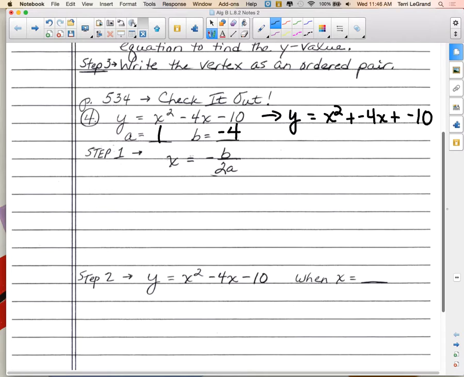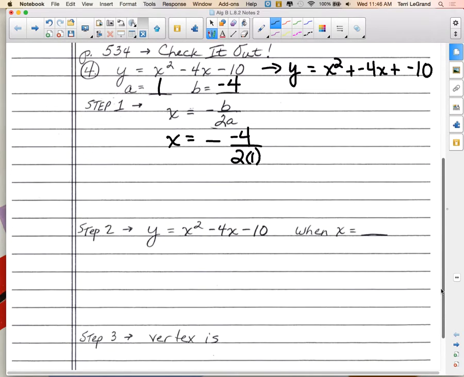Step 1, find the axis of symmetry. x equals the opposite of b divided by 2a. So x equals the opposite of negative 4 divided by 2 times our a value of 1. And so now x equals the opposite of negative 4 over 2, which becomes x equals the opposite of negative 2, right?